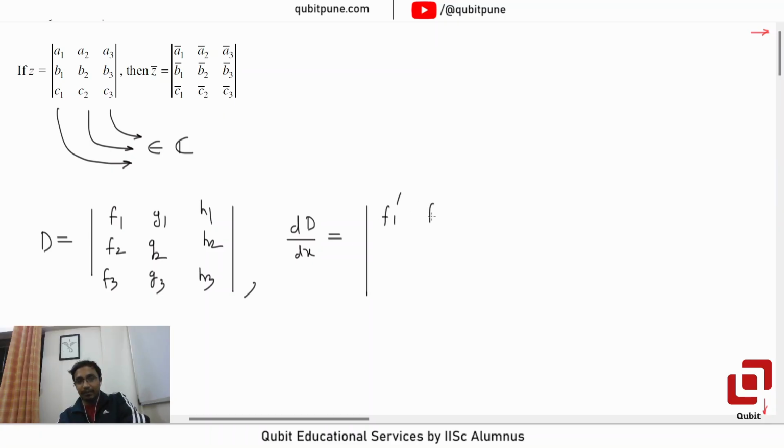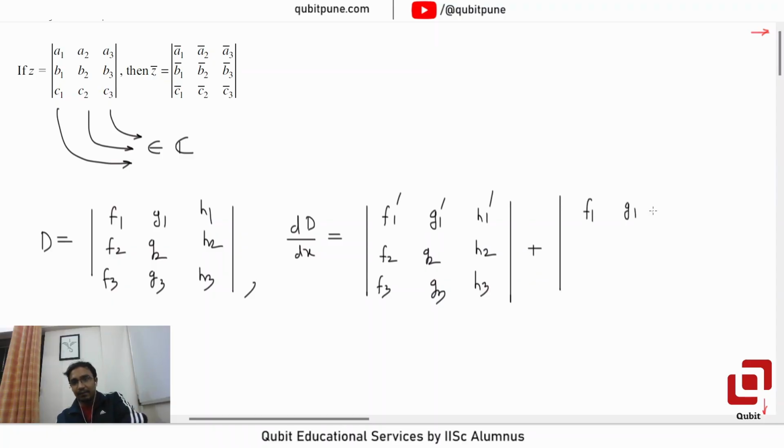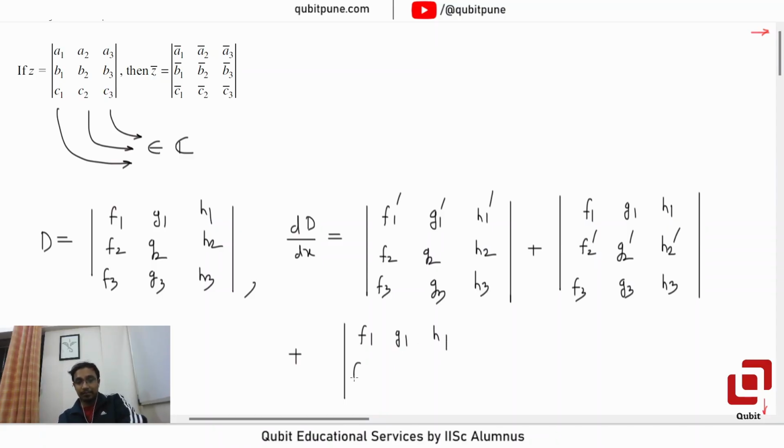It is f1 prime, g1 prime, h1 prime, then f2, g2, h2 as it is, f3, g3, h3 as it is. Then we differentiate the functions in the second row, and at last we differentiate the functions in the third.